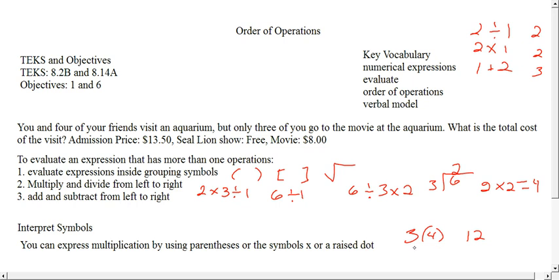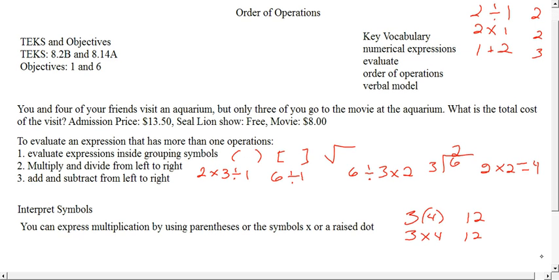If you saw it written another way, it would be 3 times 4, and that still equals 12. And then the other way is 3 and this raised dot 4, and that will also equal 12. All three are the same thing, which is multiplication.